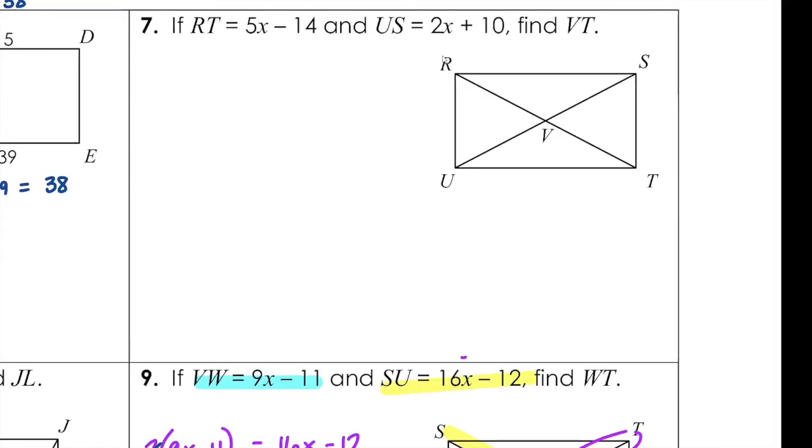Number 7 says RT is 5x minus 14. That's the full length here. 5x minus 14. And US is 2x plus 10.